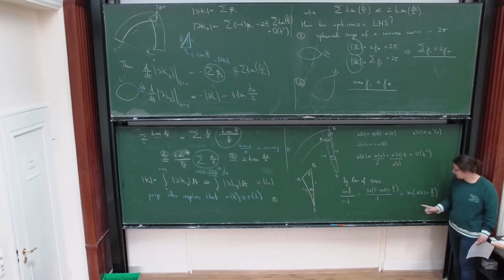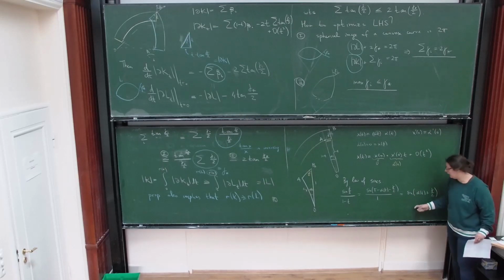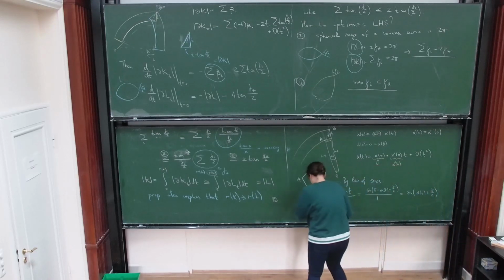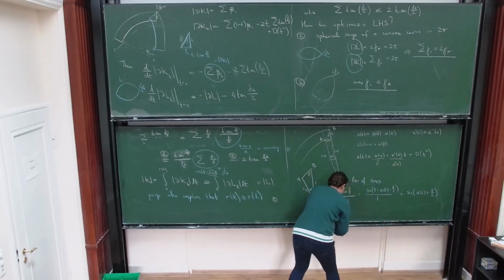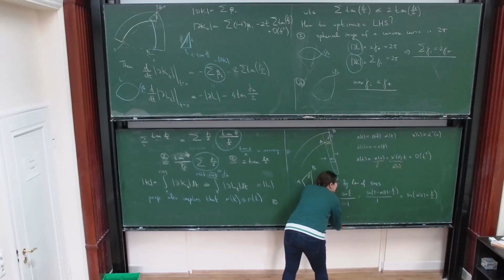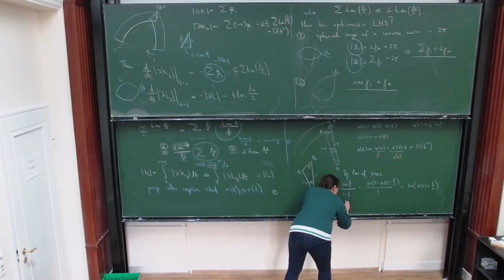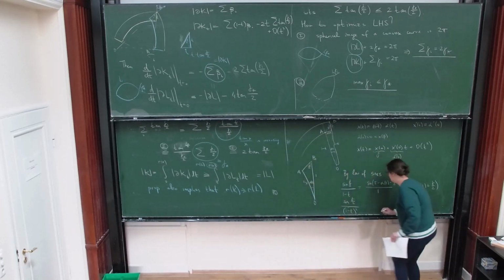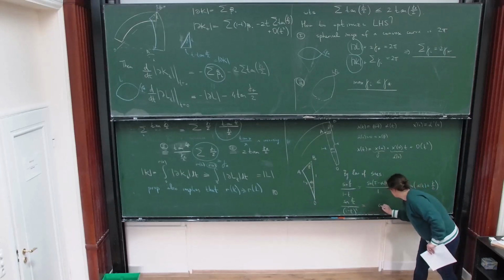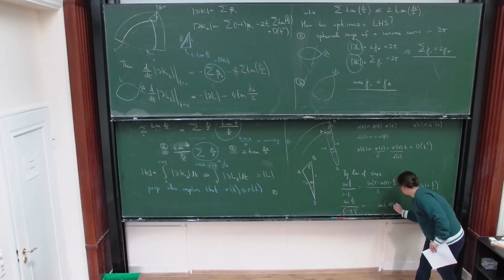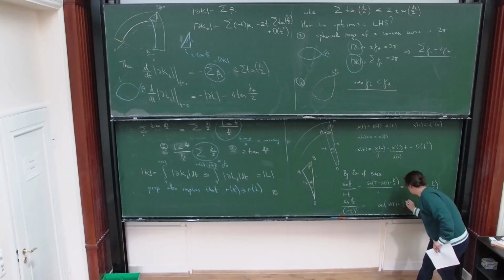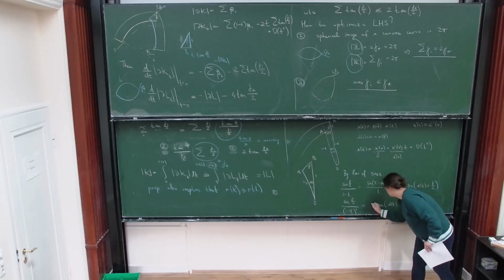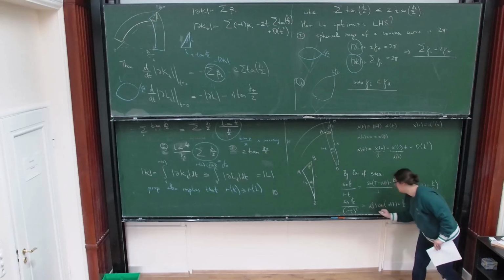And from here, I can find what alpha prime is. If I differentiate with respect to t, I get sine gamma over 2 over 1 minus t squared on the left. And on the right, I have cos of alpha plus gamma over 2 times the derivative of alpha.